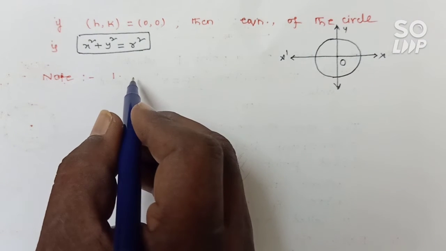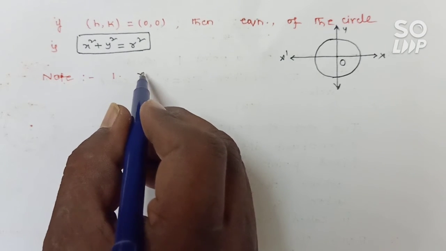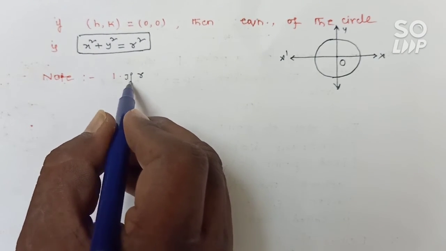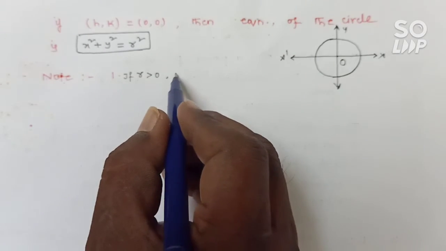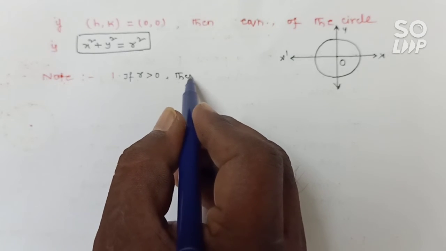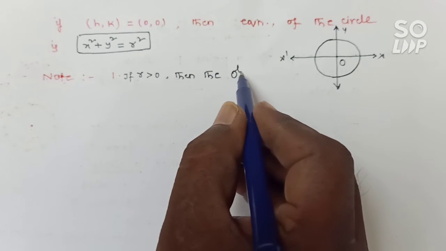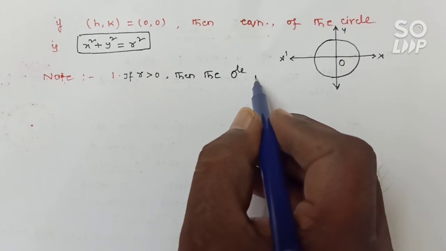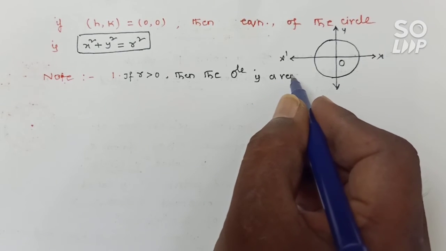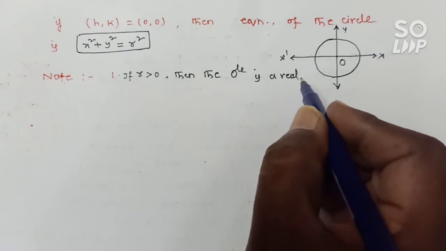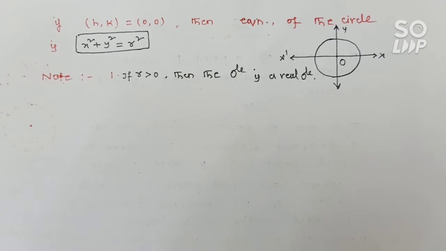So here, if r is greater than 0, then the circle is a real circle, right? So this is the first point.